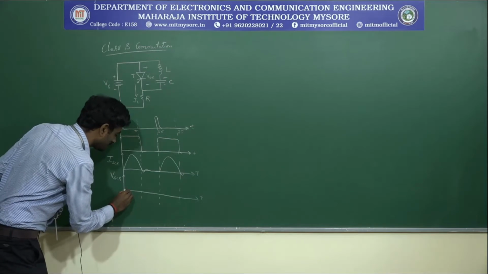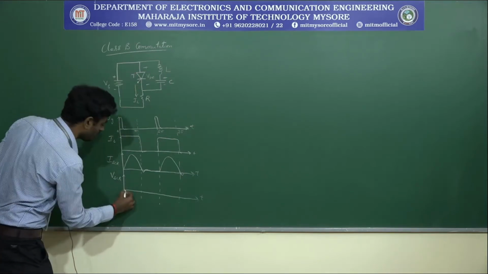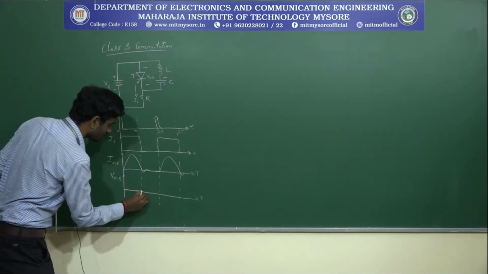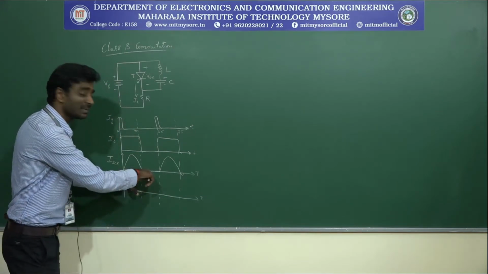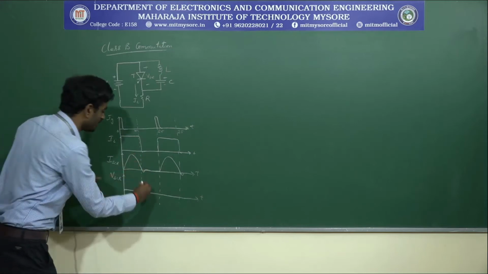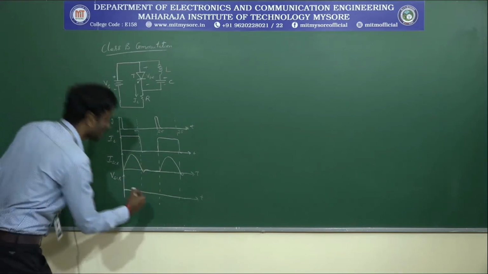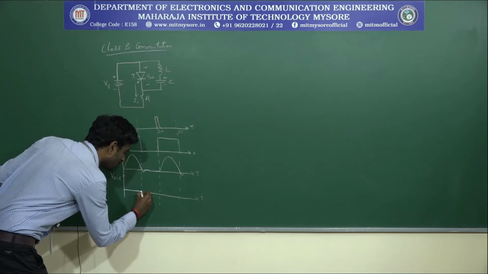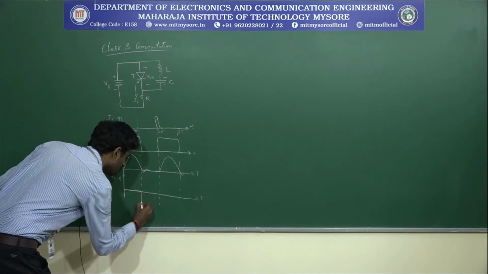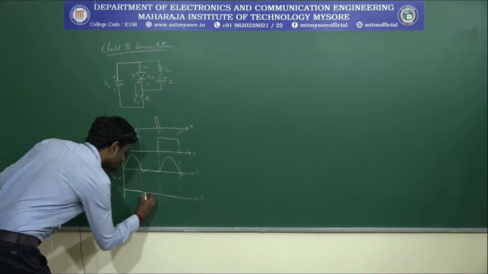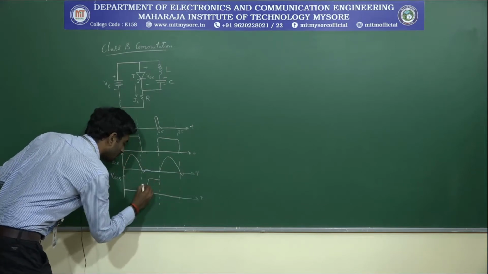So in this condition, the voltage across the SCR will be minimum for the positive half cycle. When the current reaches the minimum value, the voltage has to be maximum at that condition. So what happens here? Suddenly there will be an increase of voltage to the maximum level.